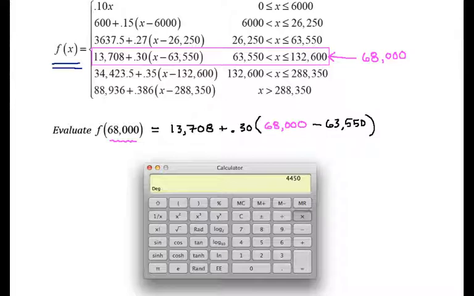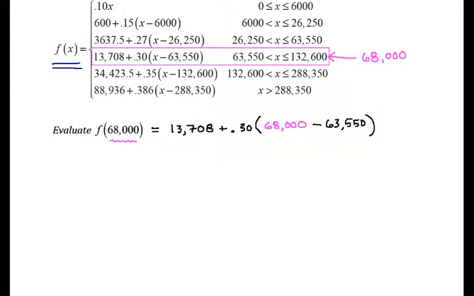Then I will multiply that by 0.3, and then I will add that to 13,708 to get 15,043. So it looks like the tax on $68,000 is $15,043.